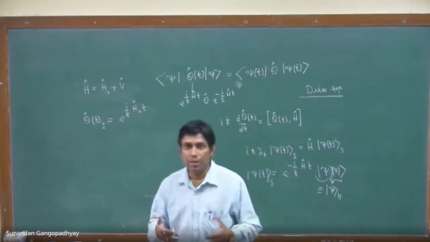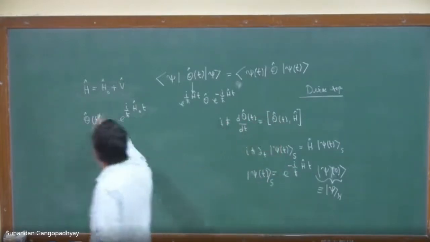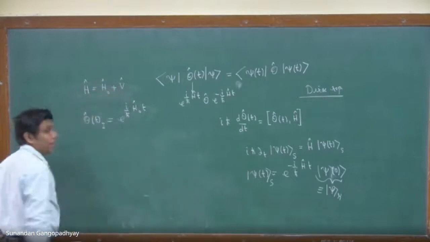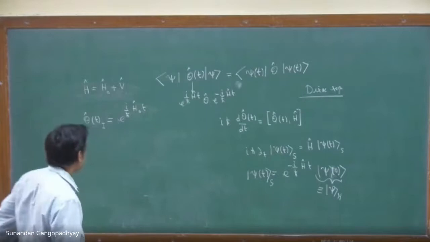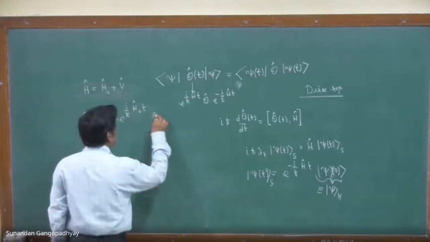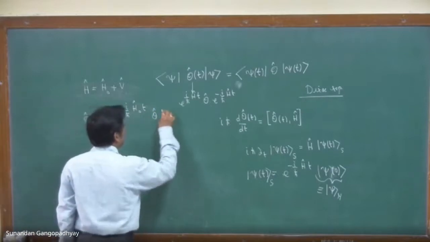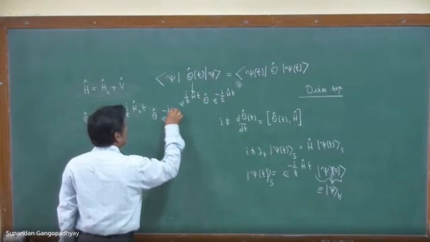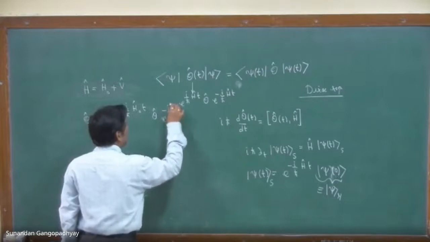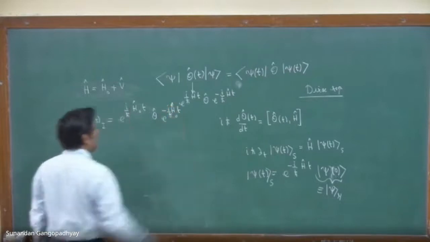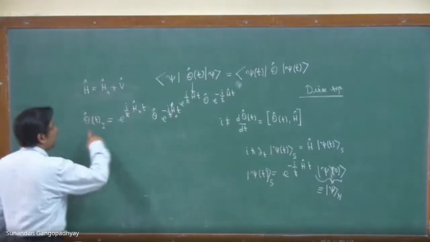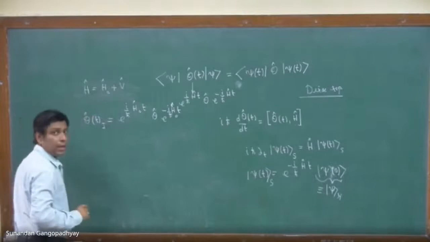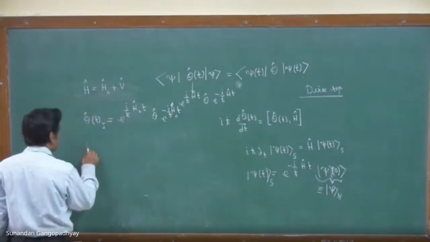These are all free fields, and the Hamiltonians for those fields are represented by this term H hat naught, and V hat represents the interactions. So you define this thing in this form. And from here, you can immediately see that the dynamical evolution of this operator in the interaction representation is governed by this equation.